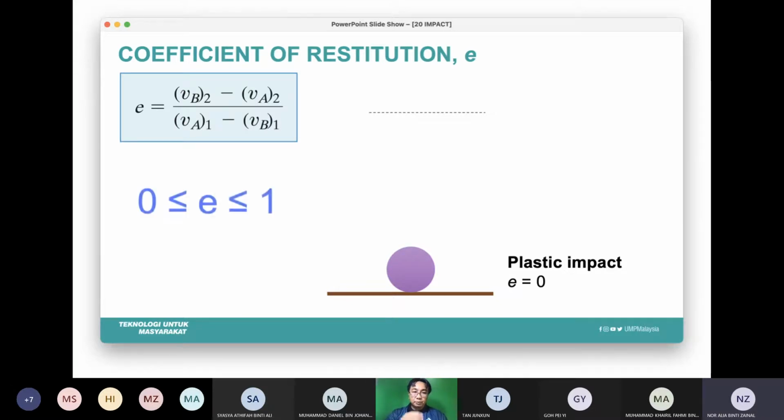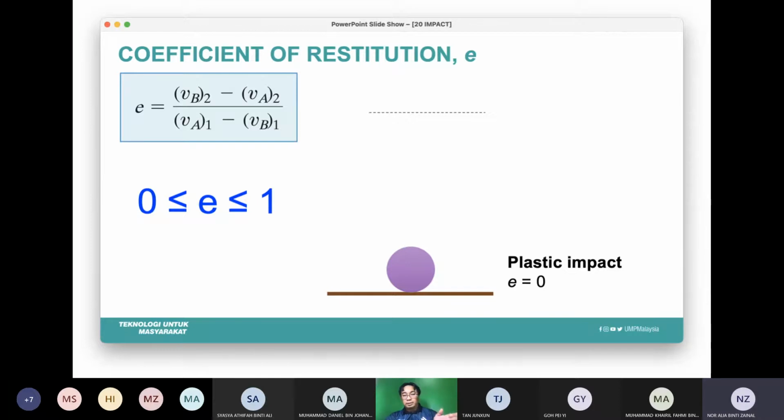Okay. So in reality, the coefficient of restitution E ni, value dia akan berada di antara 0 to 1. So normally it's 0.6, 0.7, 0.8, macam tu dia punya range of value lah of coefficient of restitution.